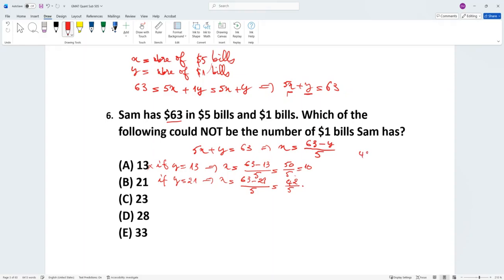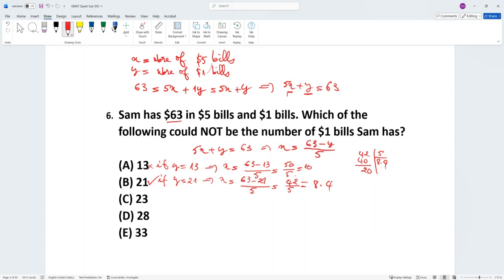If you say 42 divided by 5 here, it gives us 8.4. So definitely this is the correct answer. Even if you try with the rest of the answer choices, you'll find out that all three of the rest are going to give us a whole number.